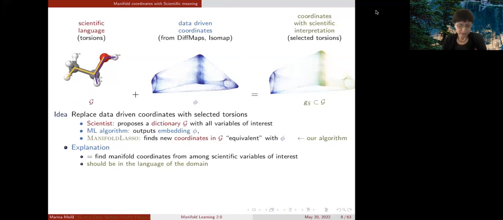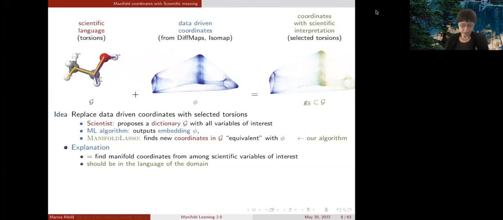So the scientist just gives us a list, which can be large and exhaustive, of all the functions that are of interest to them and that they hypothesize as describing the manifold. From data, we derive the manifold, and then our goal is to find in this dictionary some functions that could be coordinates. So find actually a change of coordinates.